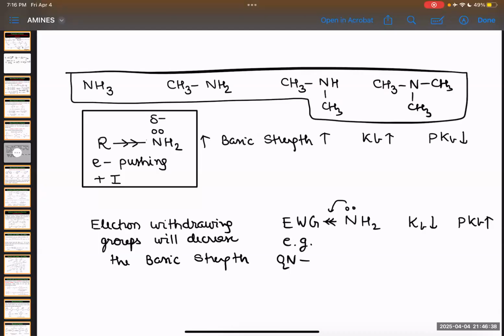So the first one is, suppose you have it in gas phase, NH3. In gas phase the answer is very simple.